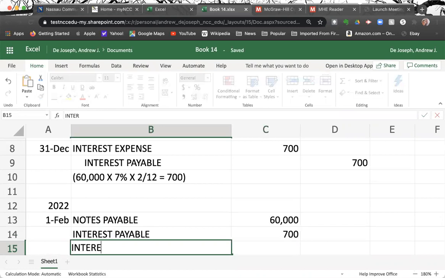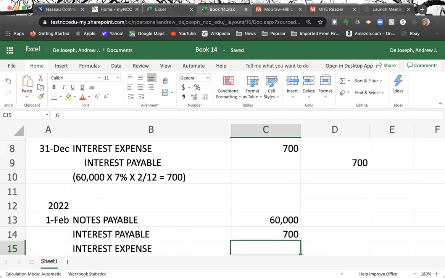Now I have to debit interest expense. And how much interest, if this was a 3-month loan, and 2 of those months were in 2021, how many months are there in 2022? 1. Right, now here, this is where being lazy helps sometimes.